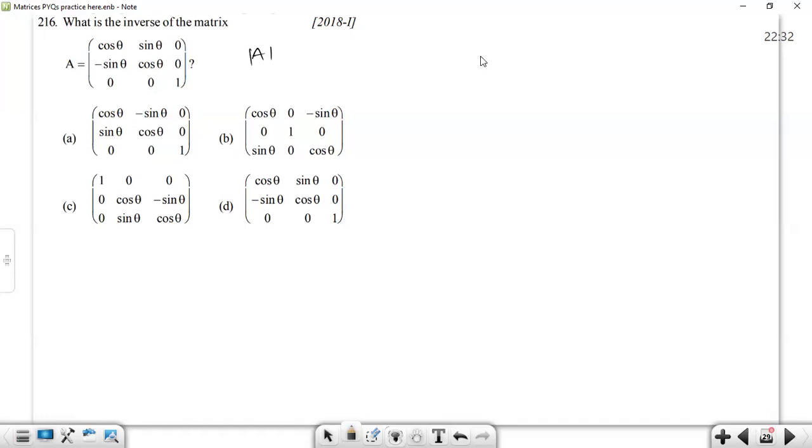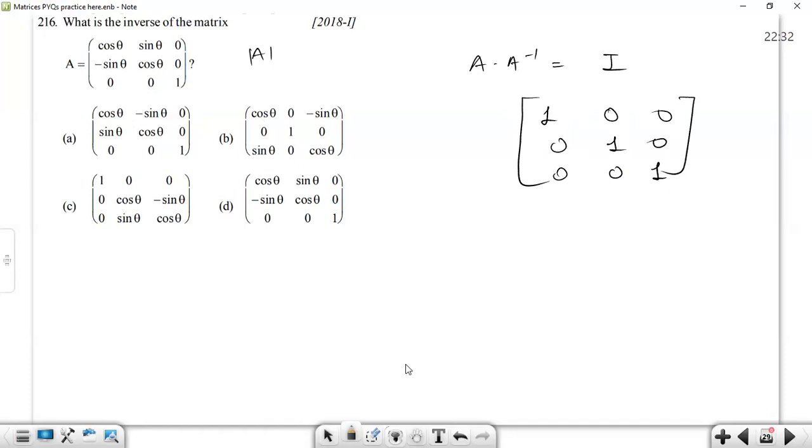We know that the multiplication of A with A inverse should make the identity matrix. So we'll simply write the identity matrix for 3 by 3: 1 0 0, 0 1 0, 0 0 1, right? Let's multiply this in the options to find out which particular option gives us this.